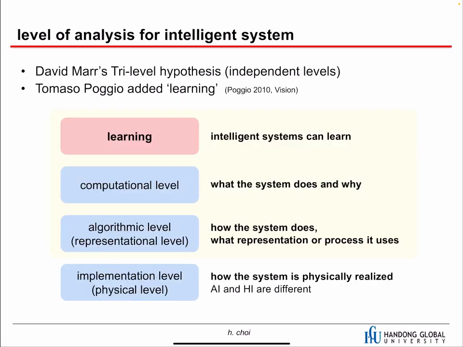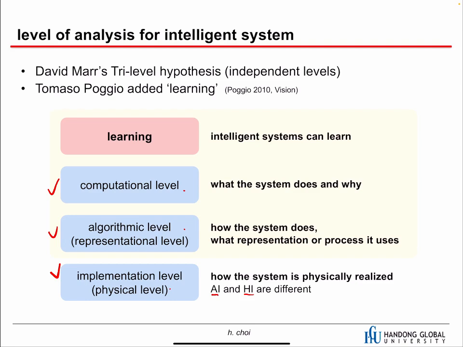Okay, this slide is about the levels of analysis for intelligent systems. David Marr proposed this hypothesis. He said there are 3 independent levels to implement an intelligent system. In the intelligent system, we have the implementation level, or physical level, the algorithm level, and the computation level. In the implementation level, artificial intelligence and human intelligence are different, right?